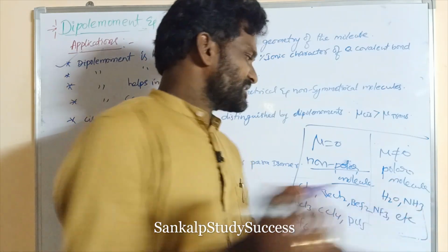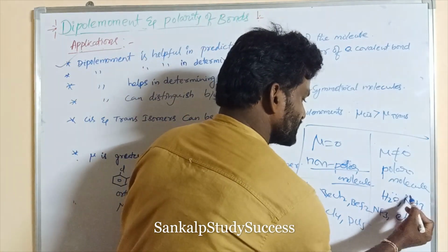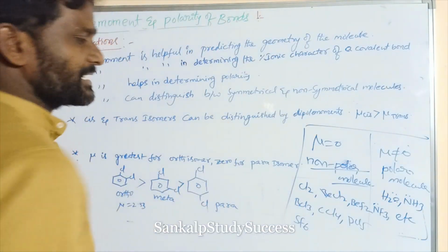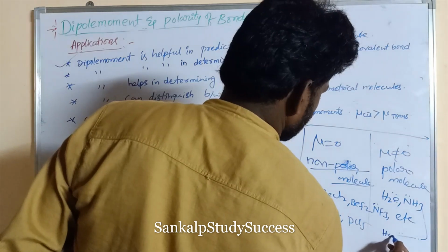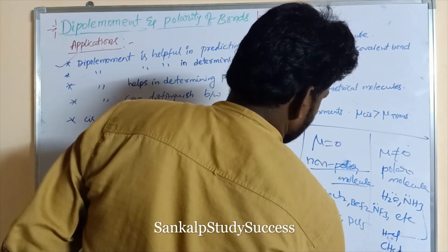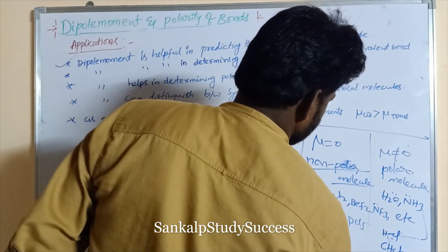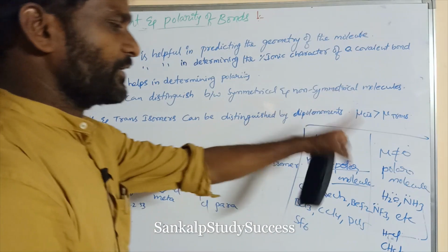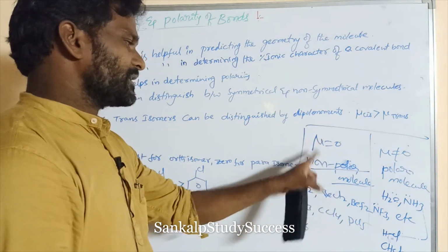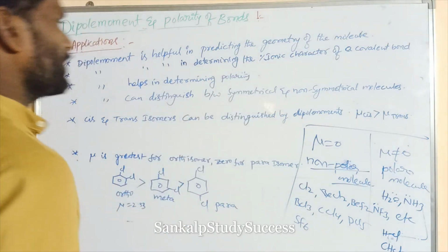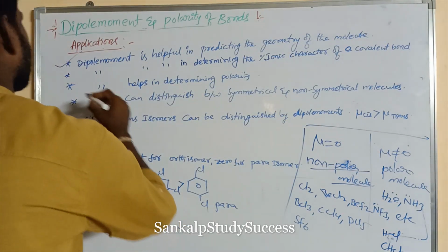So H2O, NH3, NF3, etc. All these molecules are polar molecules, like HCl, CHCl3, CH2Cl2, all these molecules are polar molecules. But the molecules having a zero dipole moment are non-polar molecules. So, the third point is over.